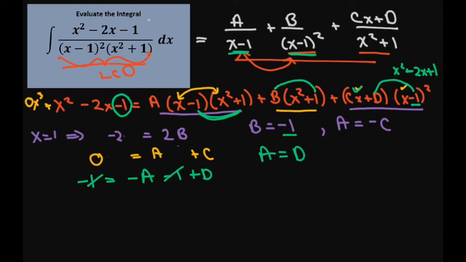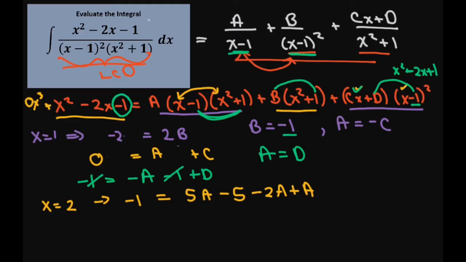All right, and let's see what else we can do. Let's let x equal 2. If we let x equals 2 on this side, we're going to get negative 1 again, because this would just be 4 minus 4. And then on this side, we're going to get 5A, and then we're going to have minus 5, minus 2A, plus A. All right.